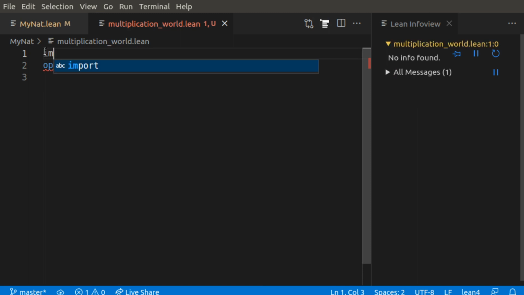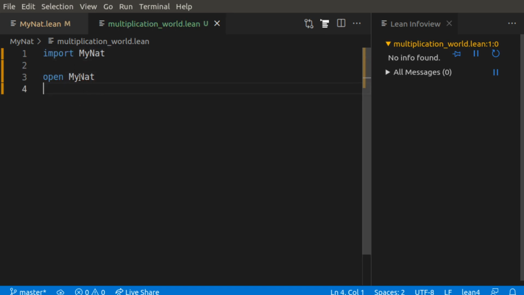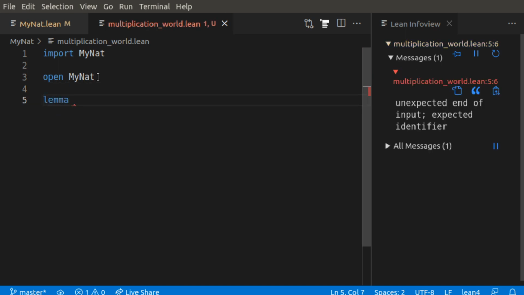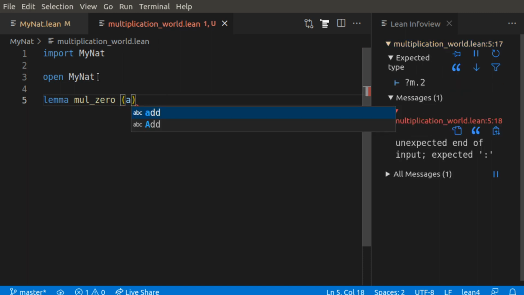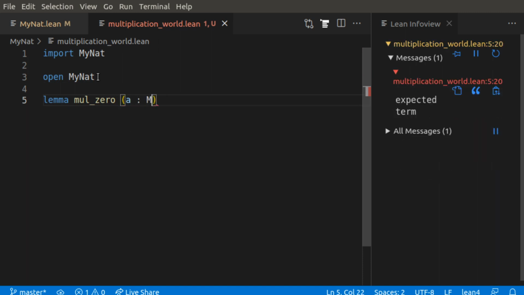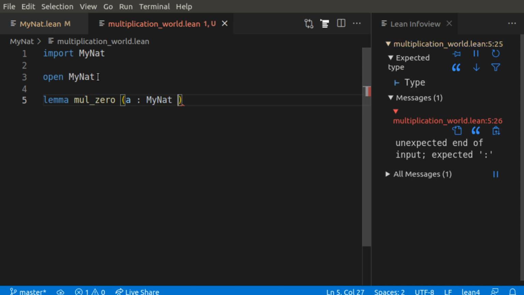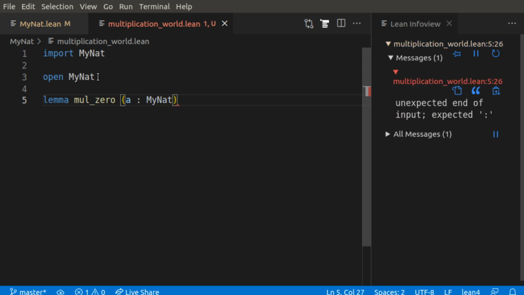start by importing relevant things for the natural numbers. And let's start by defining a couple of axioms. We're going to have mul by 0, where we take a as a natural number.